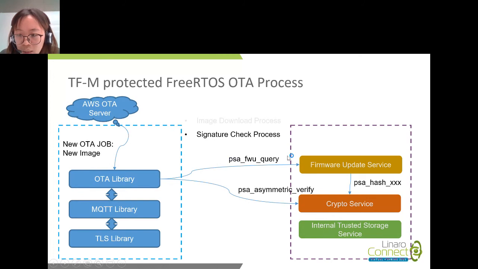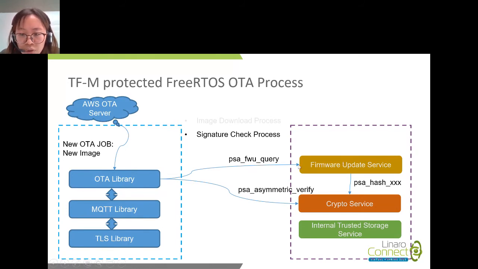Also, within the firmware update service, when calculating the image hash, we did not use the data blocks directly from the network side. Instead, after the image download has finished, we read the image data out from the device and calculate the hash based on the data read out.